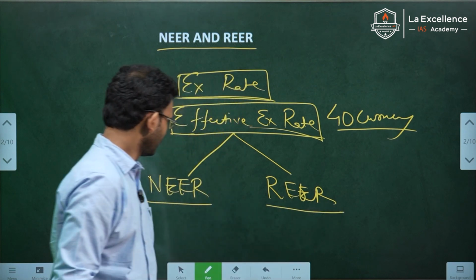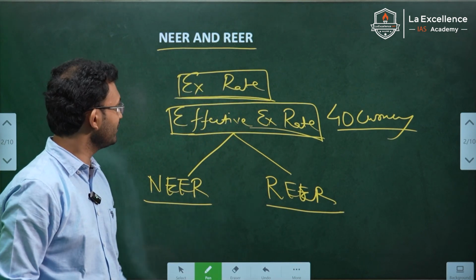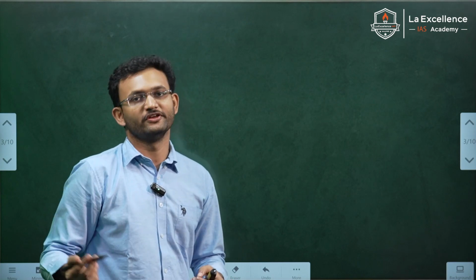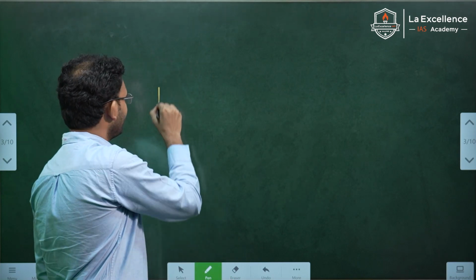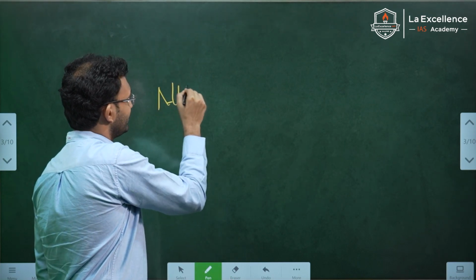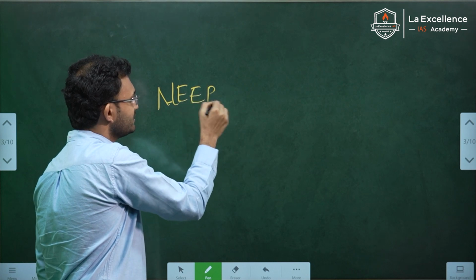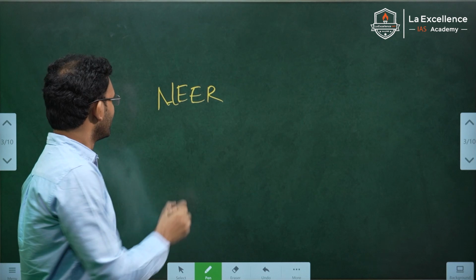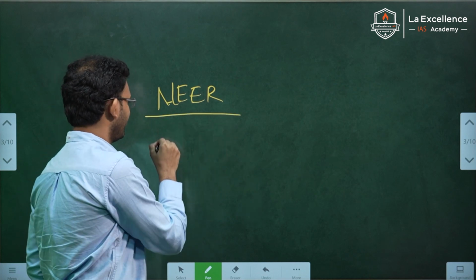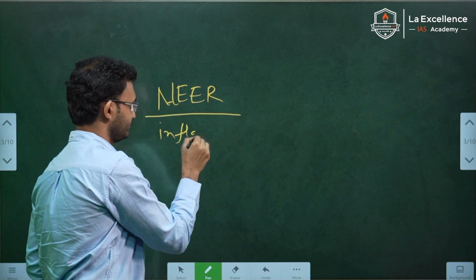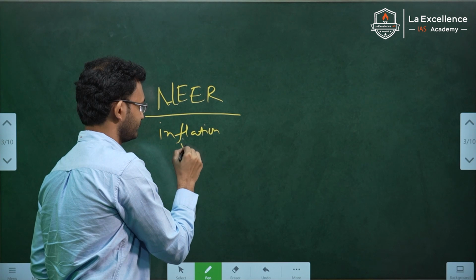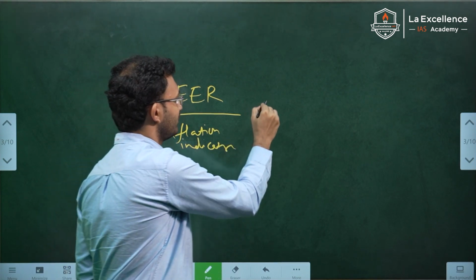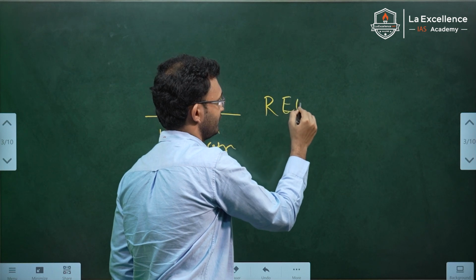So what actually differentiates NEER and REER? If you create a mathematical model, it's just inflation. So when NEER is ignorant of inflation in two different countries, you need to relatively divide by the inflation indicator to arrive at the real effective exchange rate.